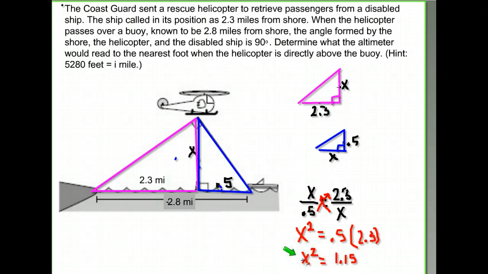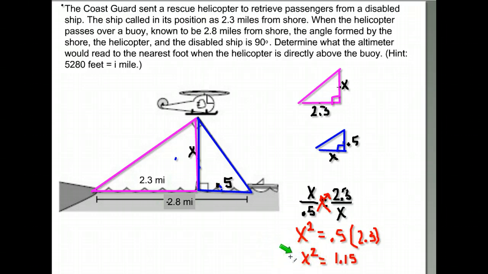How do you get rid of a squared when you're solving an equation? We can't really divide because we'd have to divide by an x.